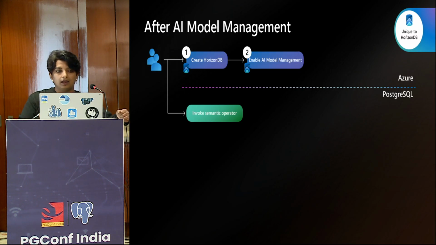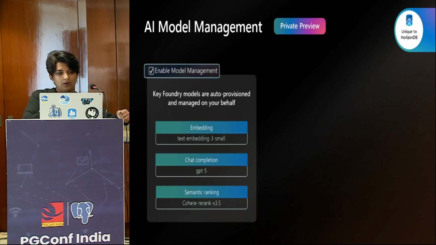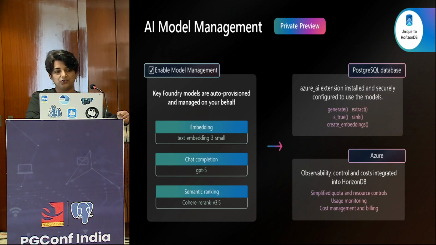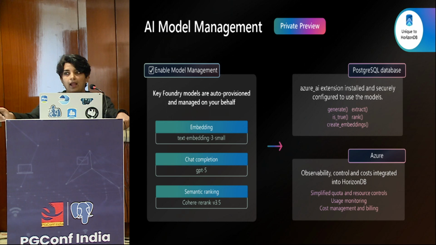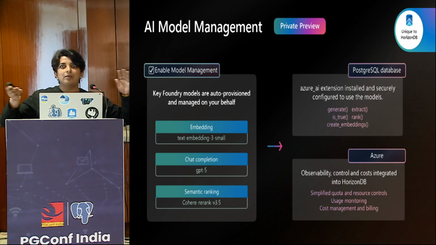There's a checkbox, and it brings in three models by default: an embedding model, a chat completion model, as well as a semantic ranking model. And it brings in some important AI extensions like the Azure AI extension and the DiskANN extension. It also brings in the observability and billing associated with all these things, so you don't have to manage them separately.